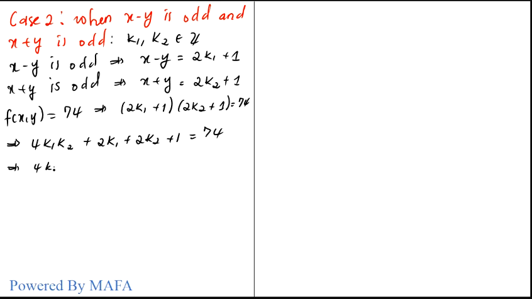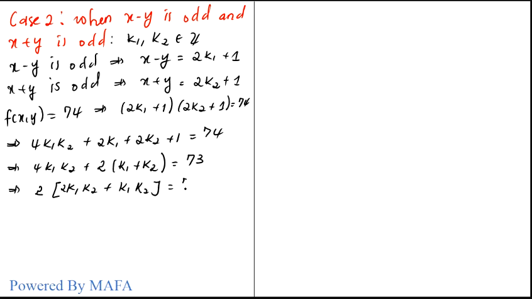This means that 4k1k2 plus 2 into k1 plus k2 is equal to 74 minus 1, which is 73. Now we can factor out 2 from here. We are going to have 2 times k1k2 plus k1 plus k2 is equal to 73, meaning that 2k1k2 plus k1 plus k2 is equal to 73 divided by 2.